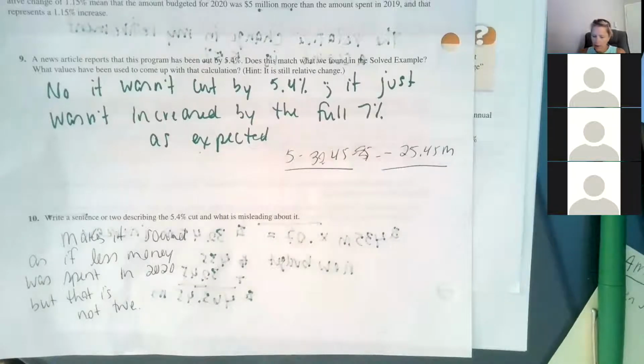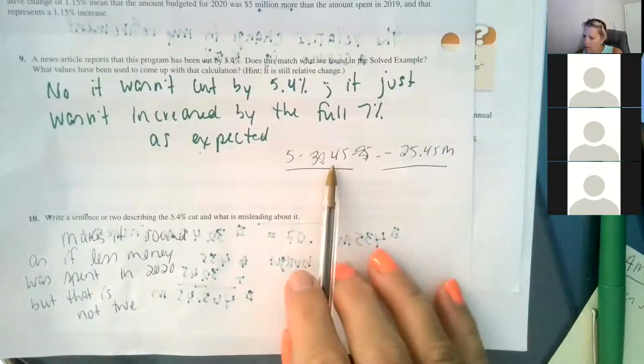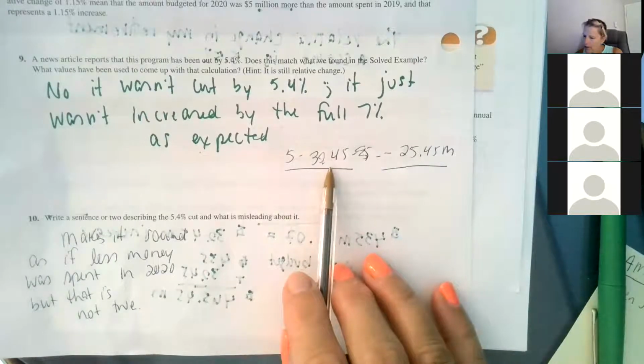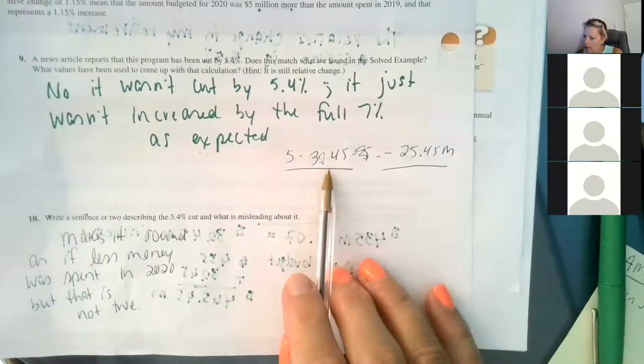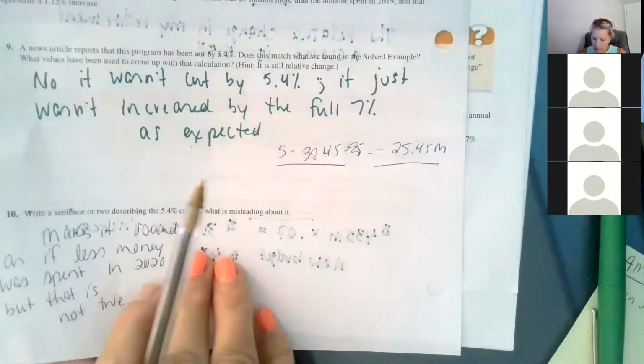And let's say that's out of the 435. They increased it by 5, but they said they were going to increase it by 30.45.